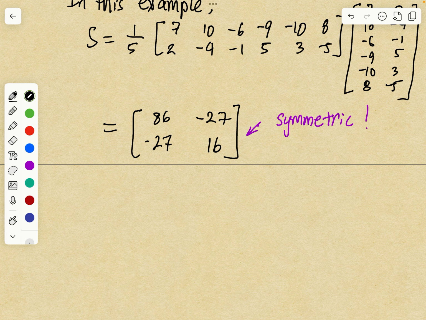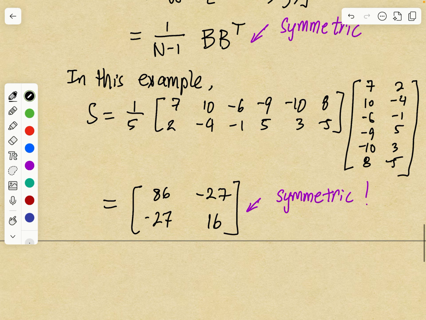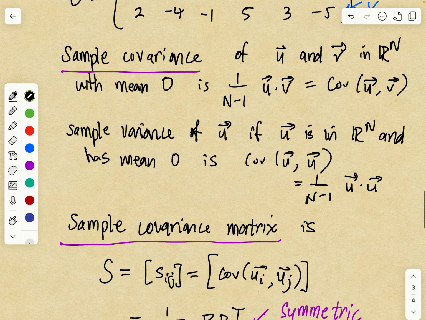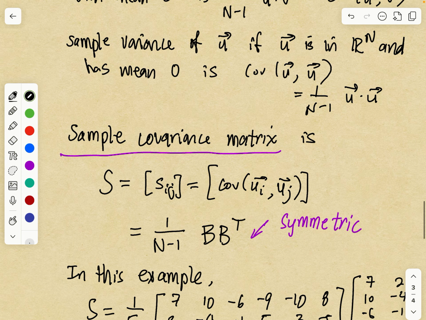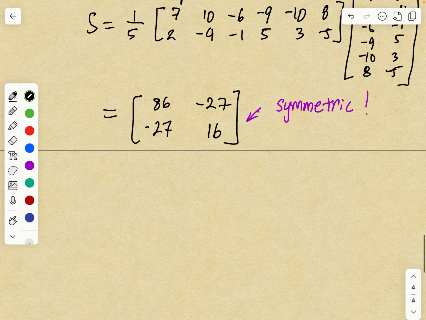Now let's think about how we can bring the spectral theorem into this context of the data. If we look at the variance, let's say that we have the variance of u1 and the variance of u2, what happens if we take the sample variance of a linear combination?